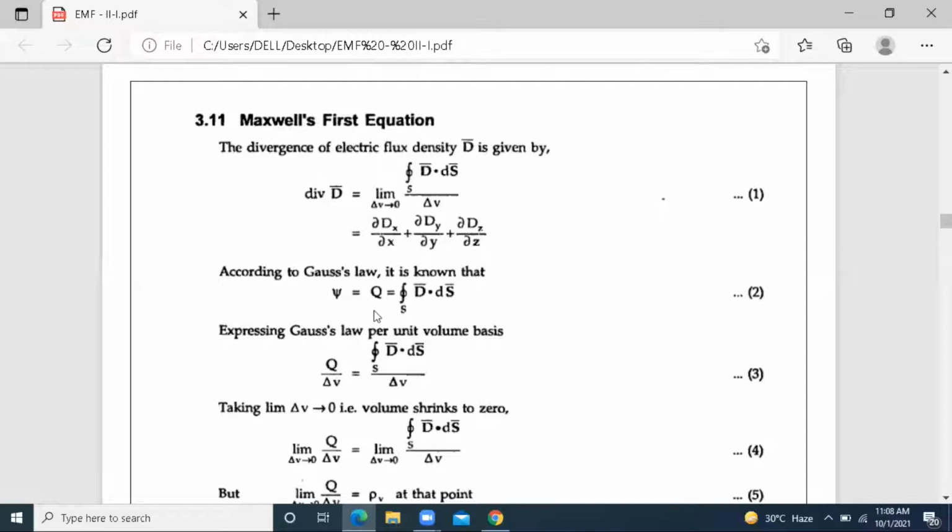This is your total flux. You recall that? Yes, sir. And on a per unit basis, all you have to do is divide by the volume.